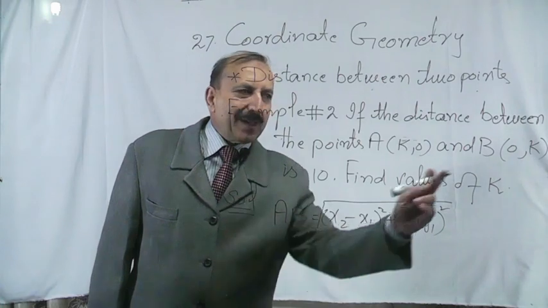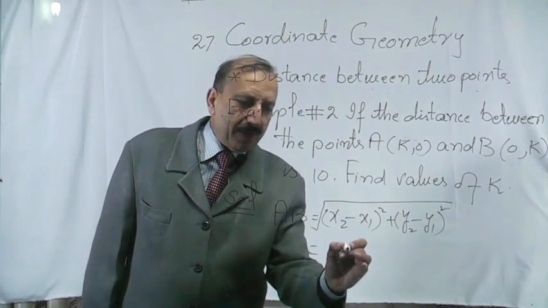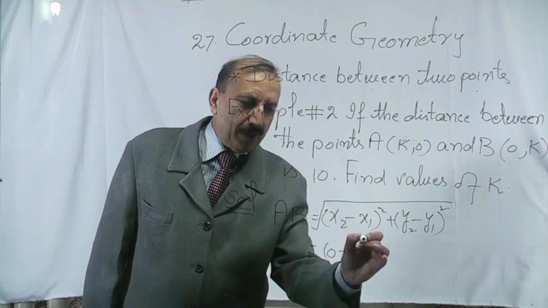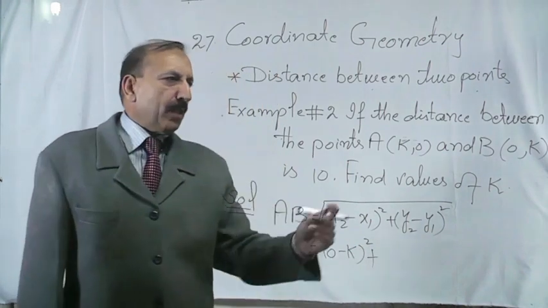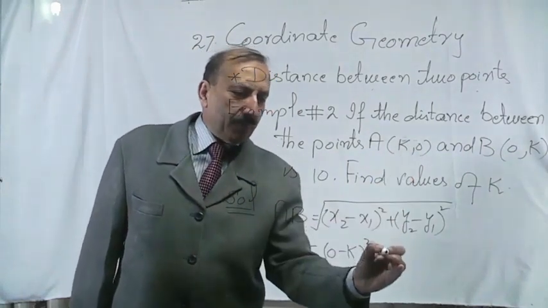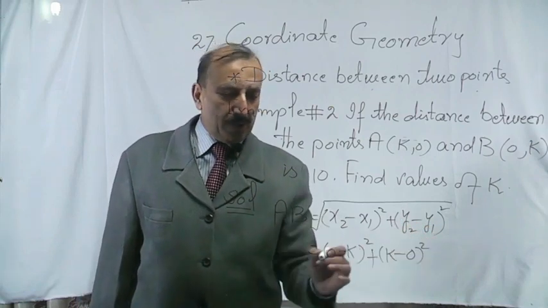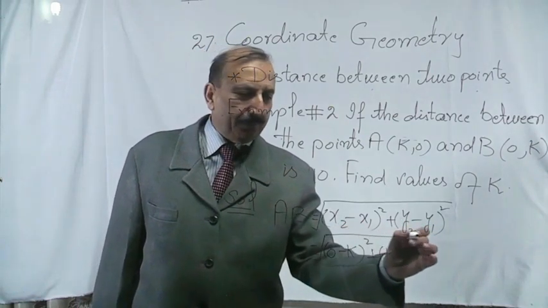Here x2 is 0, x1 is k, so 0 minus k whole square, plus y2 is k and y1 is 0, so k minus 0 whole square, all under the square root.